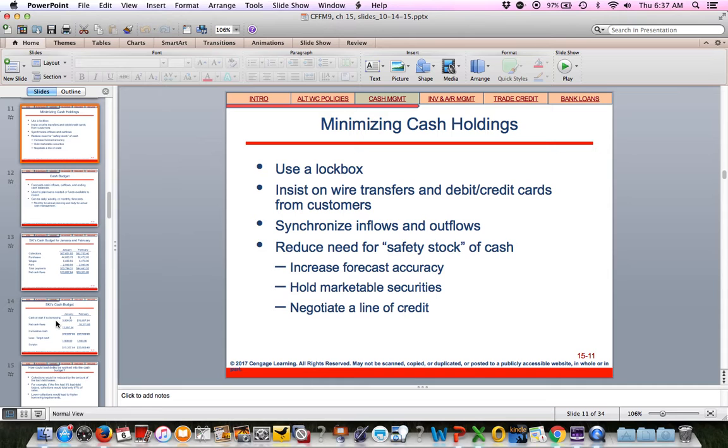Also, a company can insist on wire transfers or debit and credit cards from customers. When I was in property management, I was the CFO of a property management company for a while, and when we signed a new tenant, we gave them a discount.